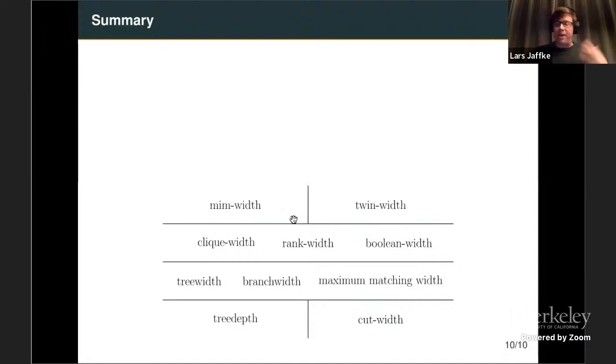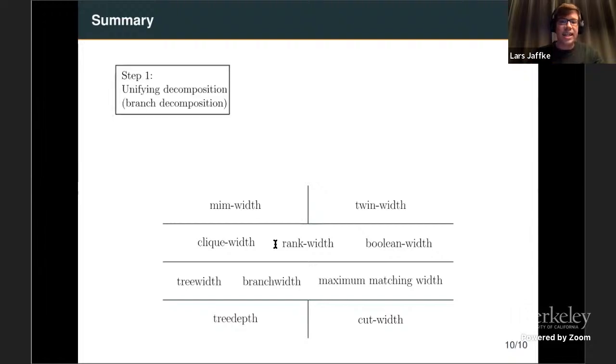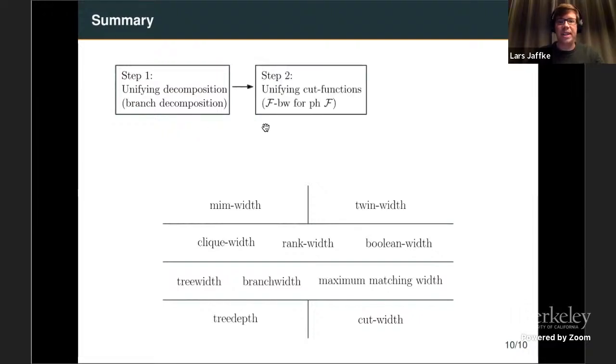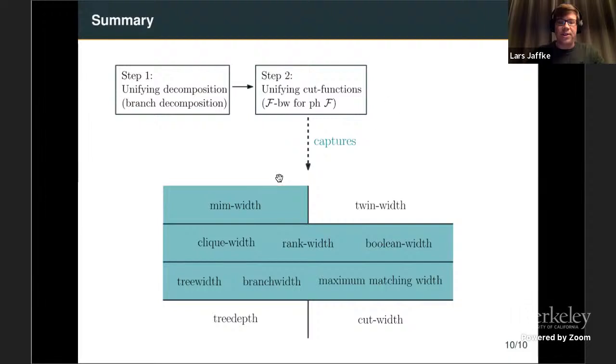To summarize, there are many width measures out there. We want to find a unifying framework that characterizes many of them at once. And so there are 2 things we had to do. We unified the decomposition method. Here we chose this method of branch decomposition. Then we unified the way we compute the cut function. And we saw that this already captures many of these width measures.